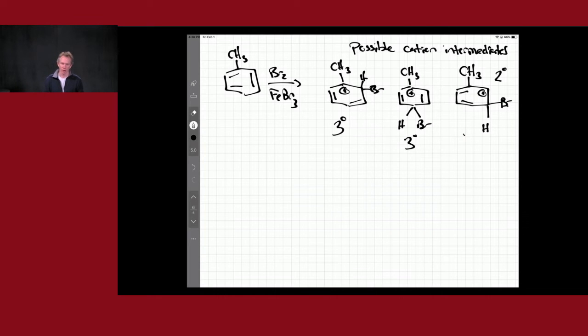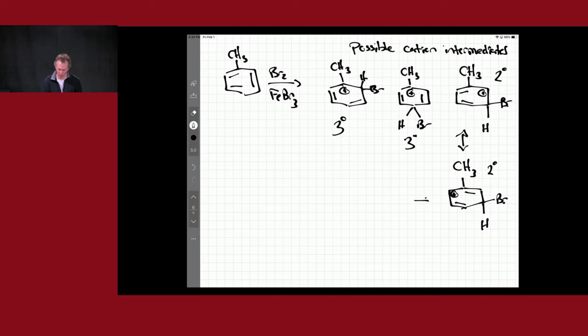And look what happens as I try to delocalize the cation around the ring with additional resonance forms. Keep in mind, we can also draw similar resonance forms for the other 2. Okay, so there would be another one, also secondary.